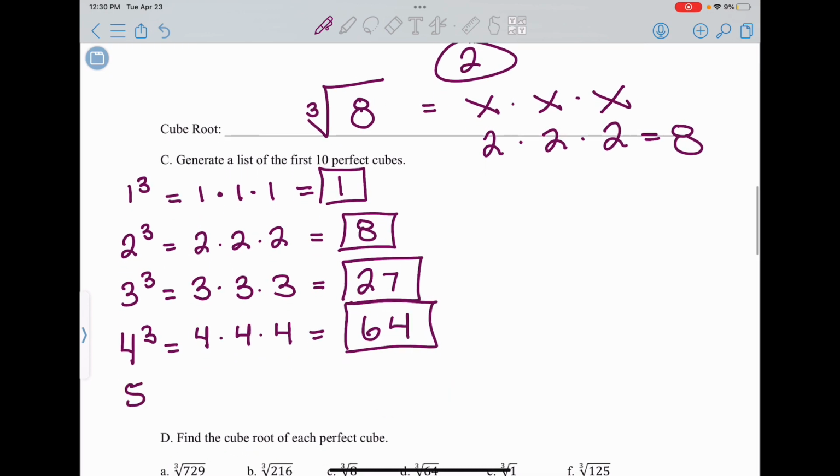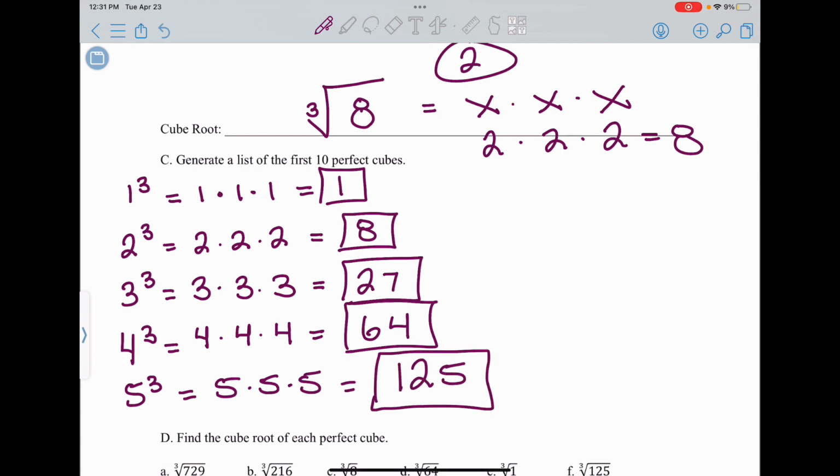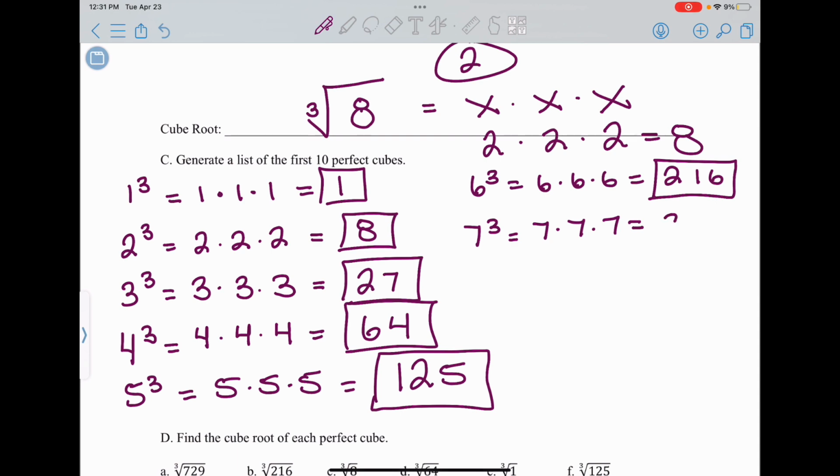Next we have 5 cubed, which is 5 times 5 times 5, which is 125. Next we have 6 cubed, so 6 times 6 times 6, which is 216. Next we have 7 cubed, so 7 times 7 times 7, which is 343.